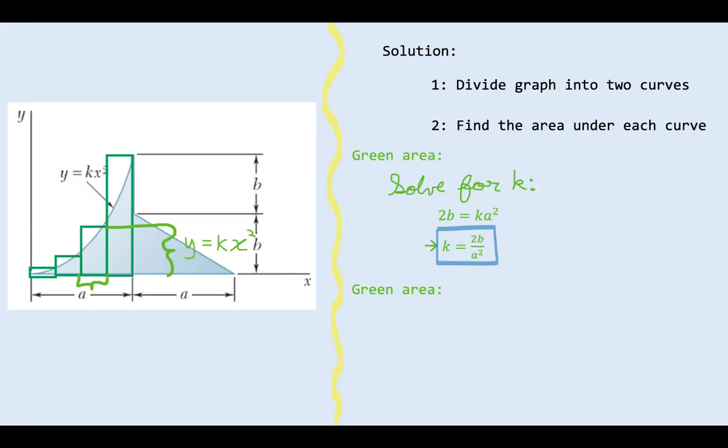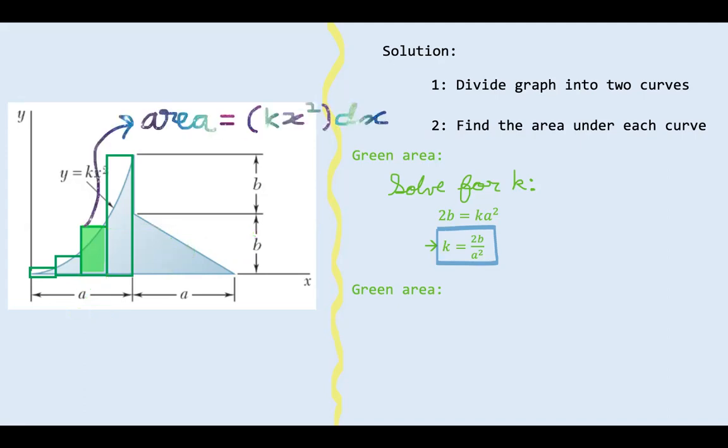The change in x is dx, a very, very small change in width. Like we see here, the area of an arbitrary rectangle is kx squared times dx.